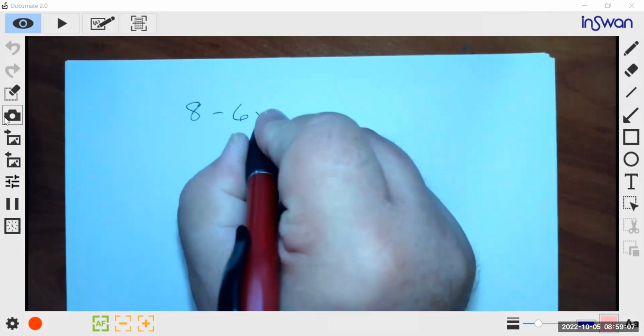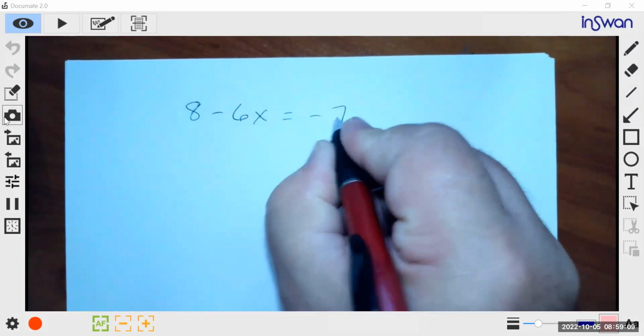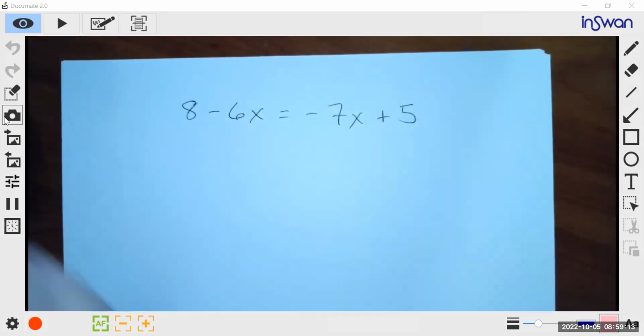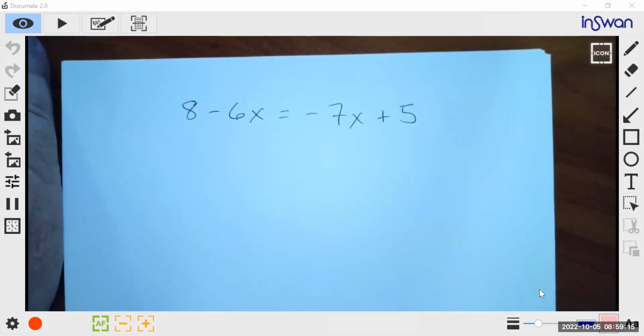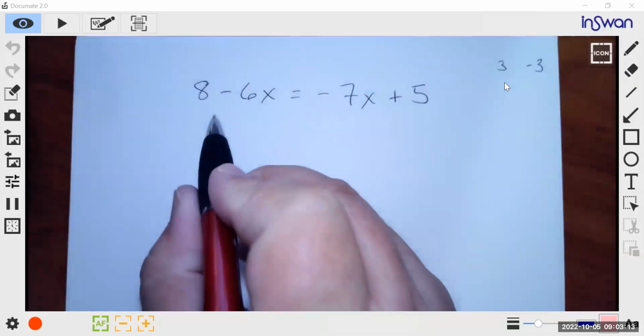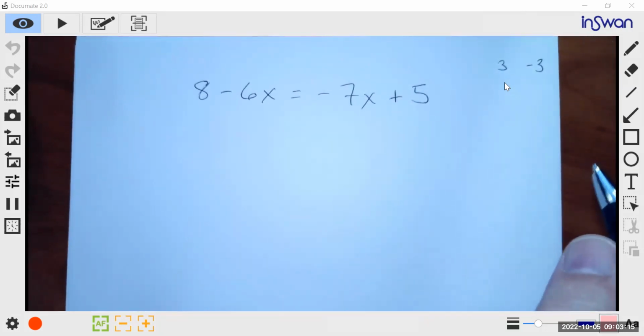8 minus 6x equals negative 7x plus 5. All right, we have x's on both sides. Which one do you move where?